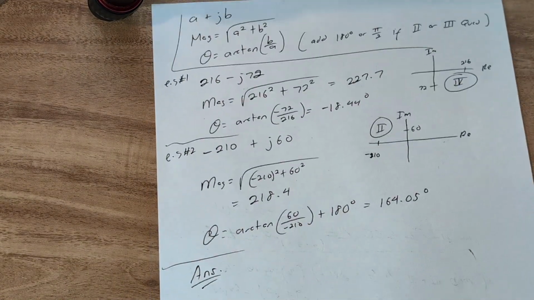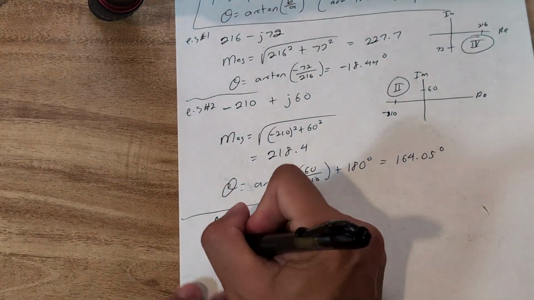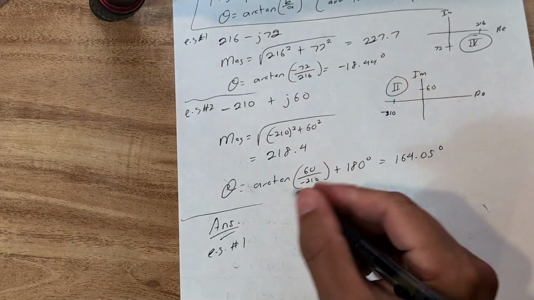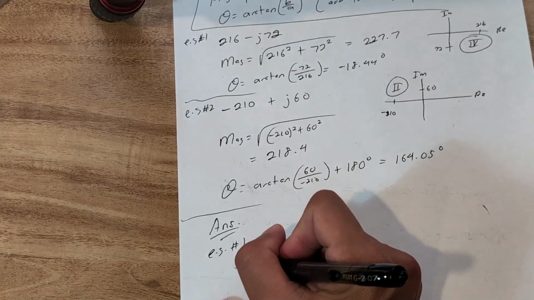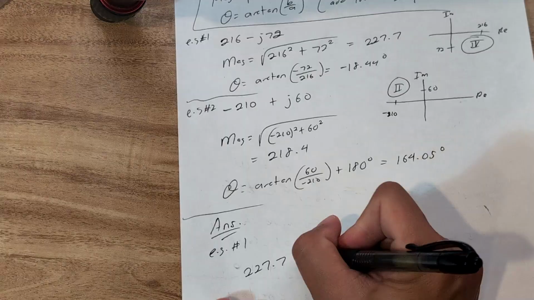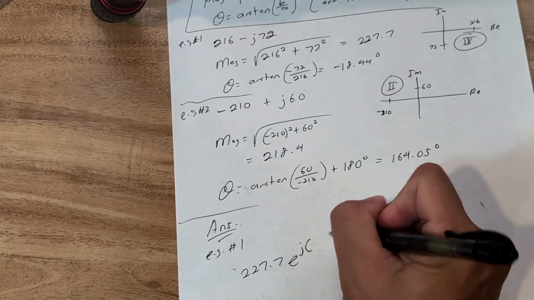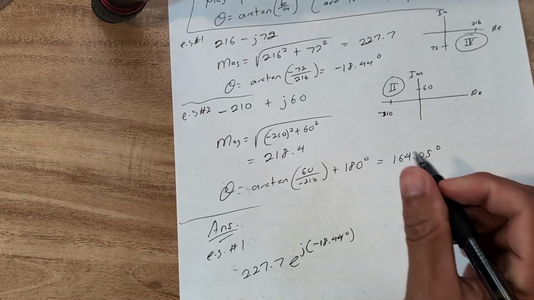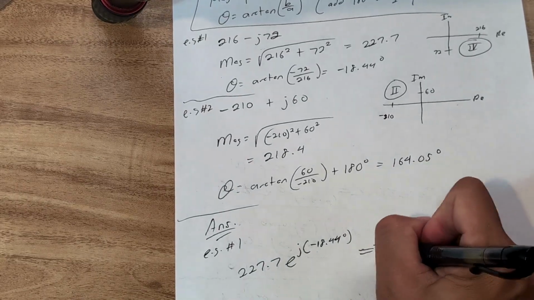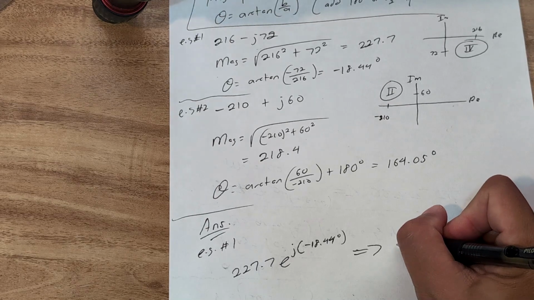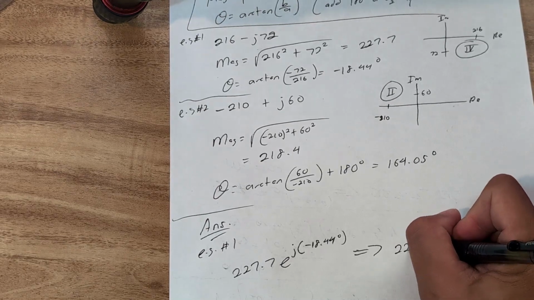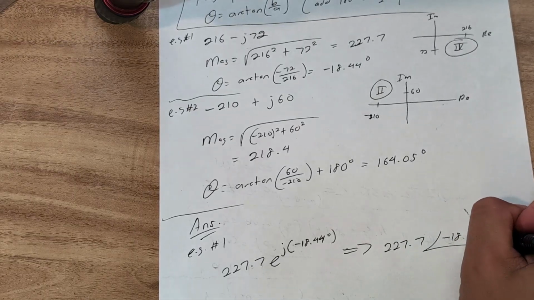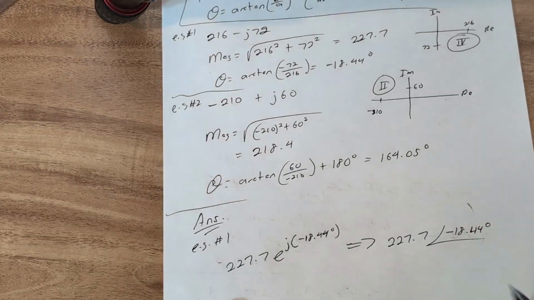Our answer for example 1 is 227.7 e to the j negative 18.44 degrees, which you can also write in shorthand form as 227.7 with an angle of negative 18.44 degrees.